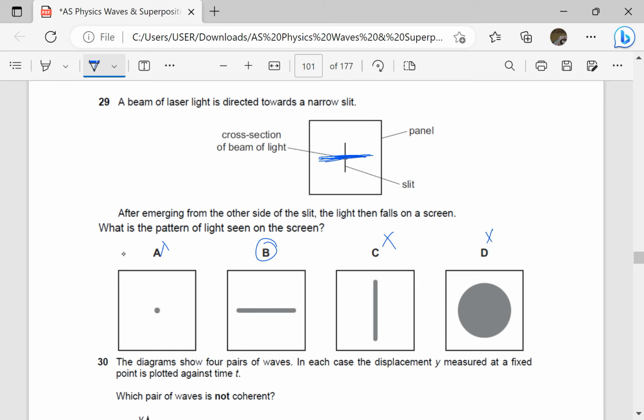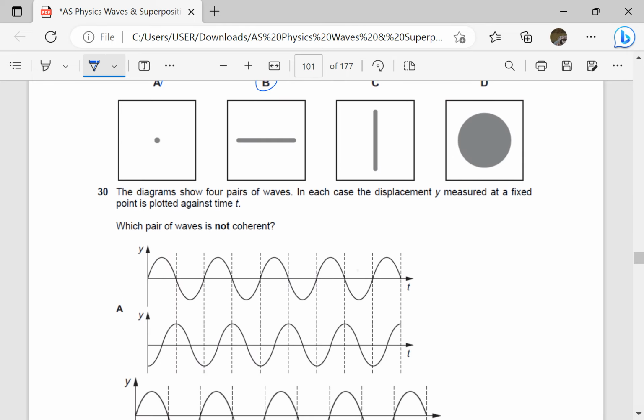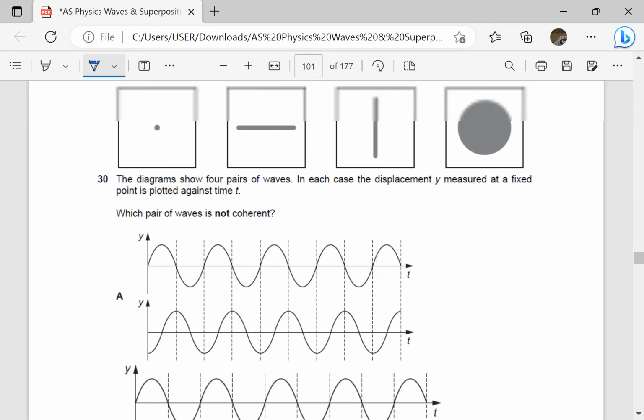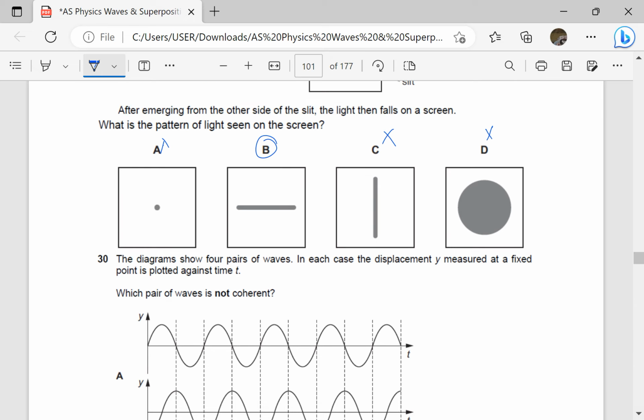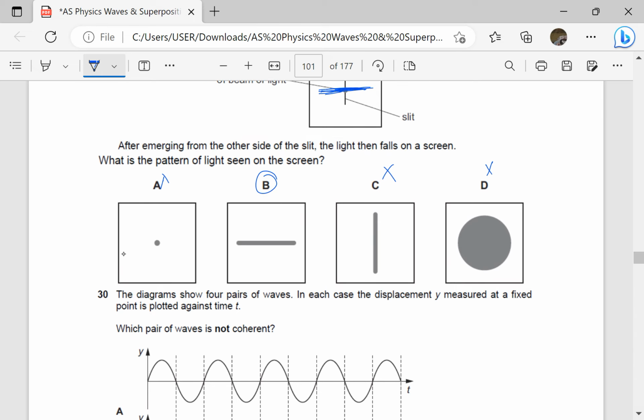Therefore, the answer is going to be B rather than any of the others. So C would be wrong, because C would just show that the image of the slit is what is being formed on the screen. There was no diffraction. Yet B shows that there is diffraction, and we know that diffraction occurs when light passes through a very narrow slit.